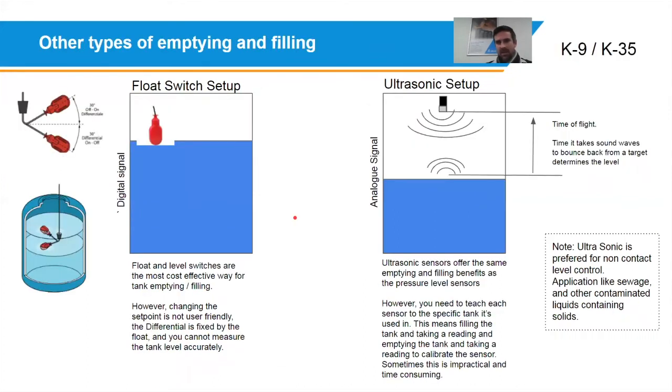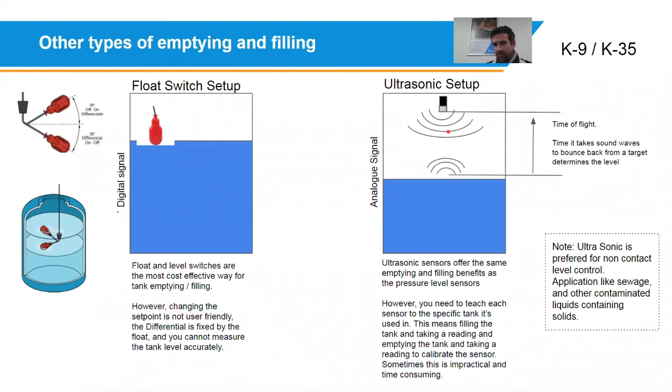Just having a look at a couple of other options when it comes to emptying and filling. Page K9, we have the ultrasonic setup. It also works with the analog signal and a closed loop back to the variable speed drive, except here you've got a non-contact solution. You use an ultrasonic to detect the time of flight from the water surface back to the sensor, and that would then be the height of the water in the tank.